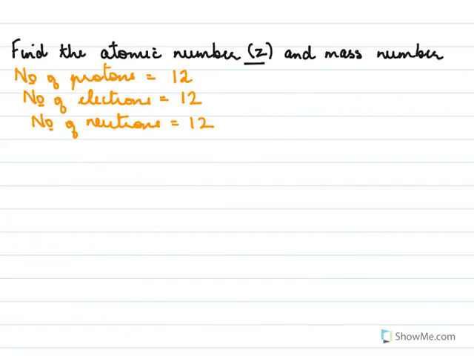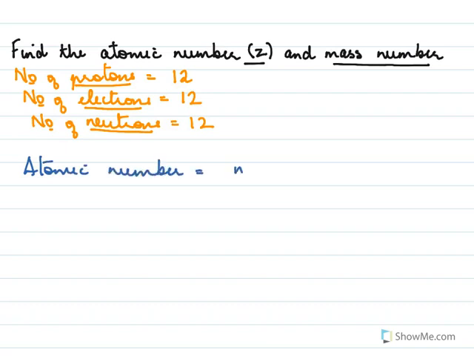Now we go on to the sum here. Find the atomic number and the mass number of this element where protons are given as 12, electrons 12, and neutrons also 12. Now when we want to find atomic number, we know atomic number is the number of protons. So in this case, the number of protons is 12.